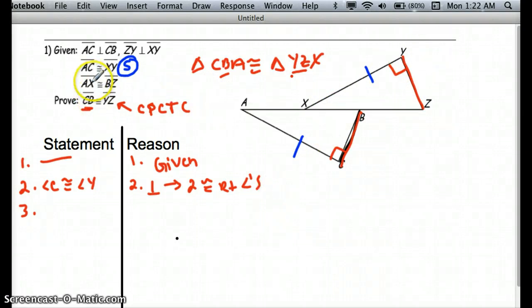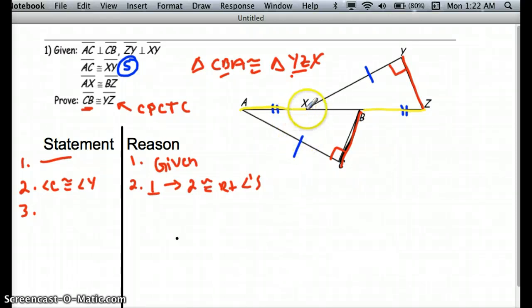Okay, next one. AX and BZ are congruent. Okay, that's not the side of a triangle that we're trying to prove. So let me just show you something. There's a piece and there's a piece, but it's not a side of a triangle.